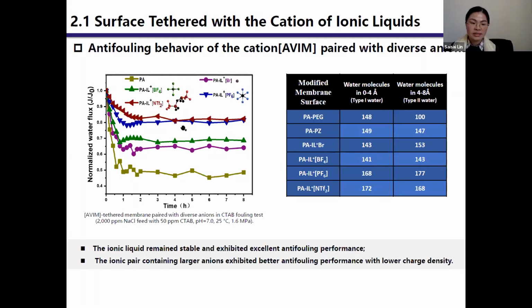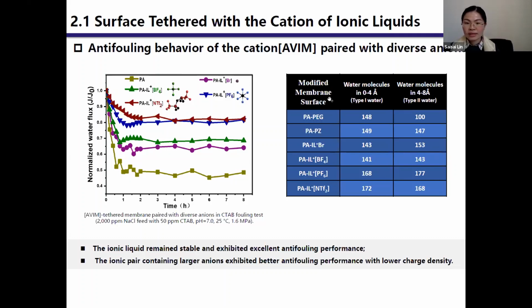What we found is that the whole ionic liquid modified membrane remained stable and also exhibited excellent antifouling performance, and especially the ionic liquids containing larger anions exhibited better antifouling performance, because we think that was attributed to the lower charge density of the larger ion pairs.